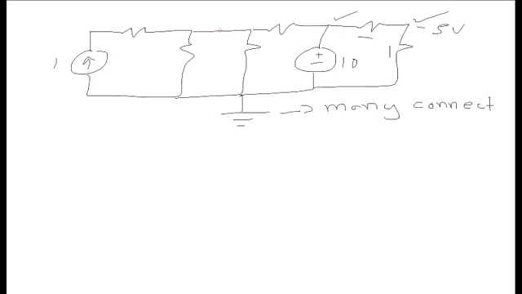I don't know the voltage at this node, so I will need to consider that, and I'll label it VA. I also don't know the voltage at this node. However, I'm not going to need it. The reason is because I do know the current flowing in this branch is 1 amp. Since nodal analysis requires me to relate currents and voltages, if I already know the current flowing through the branch the node is a part of, I don't need to worry about its voltage.